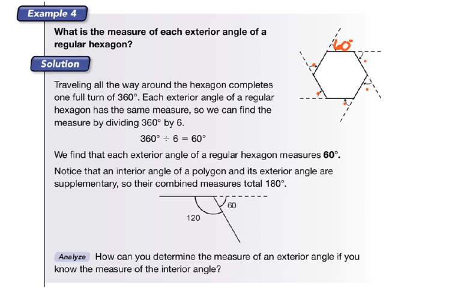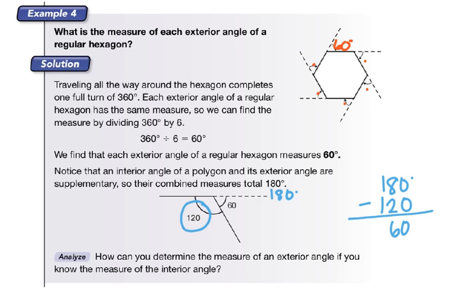But to check, to make sure that we are doing this correctly, we can also look at it and say, well, I remember that this makes a straight line. And if you remember, a straight line is 180 degrees. And we also just learned that our interior angle is 120 degrees. So if I were to take 180 degrees and subtract 120 degrees, then I get 60 degrees.